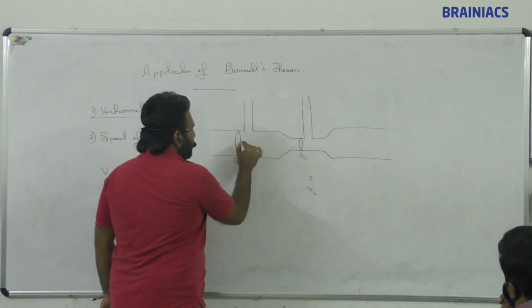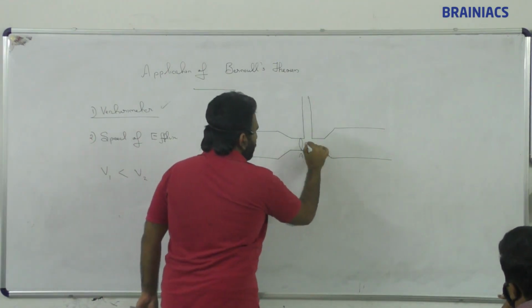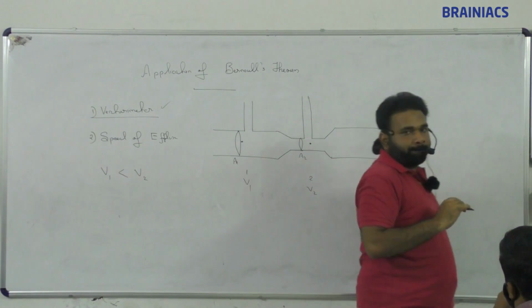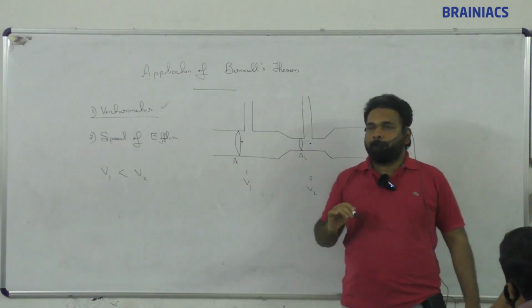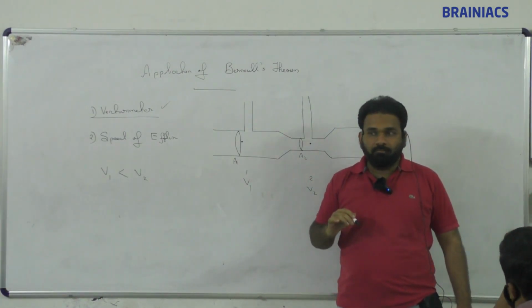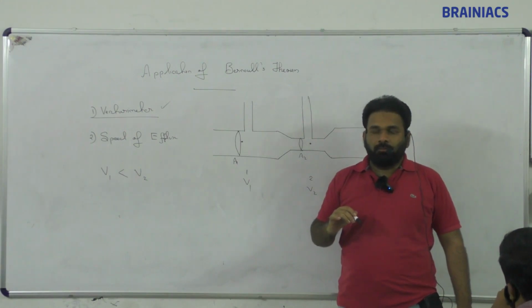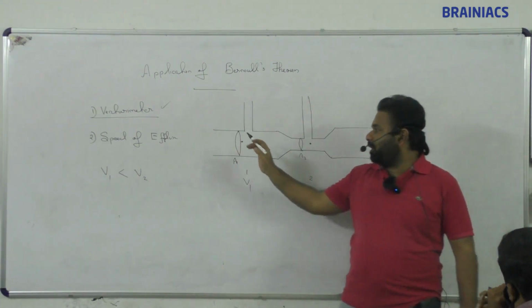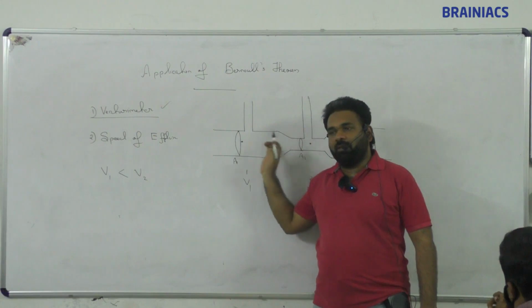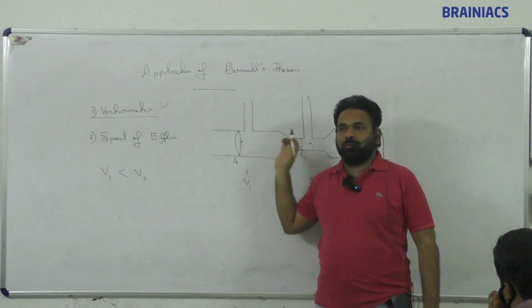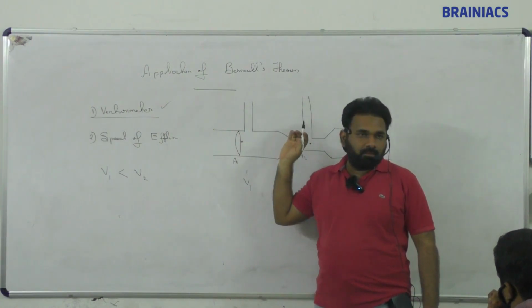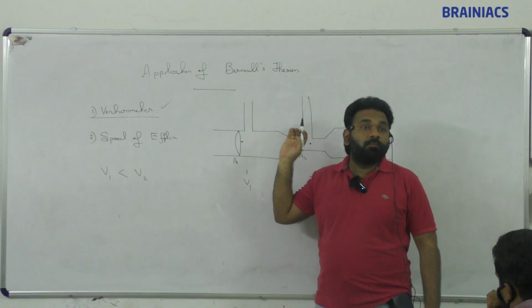Pressure at this point and pressure at this point. Anyone has any say, like pressure will be equal because they are horizontally on the same line? No? Yes or no? No, why?